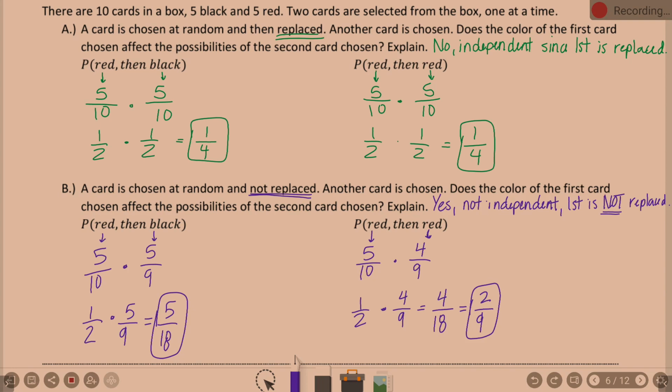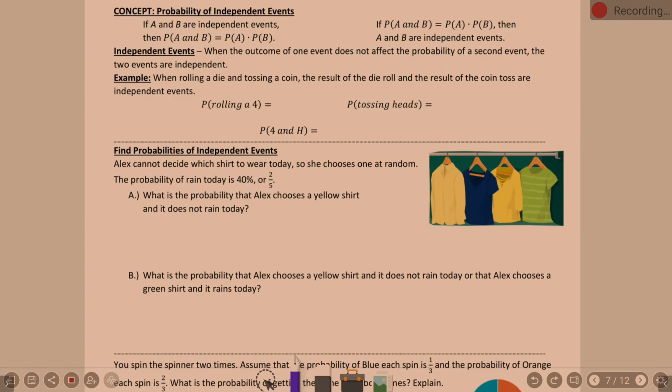Now, what we just talked about were independent events, and the idea that if you have 2 independent events happening, you're going to multiply them. Okay? And that's what this next piece is saying. If A and B are independent, then the probability of A and B is the probability of A times the probability of B. This is just reversing what it's saying. We already talked about the definition. When the outcome of one event does not affect the probability of a second event, the two events are independent.